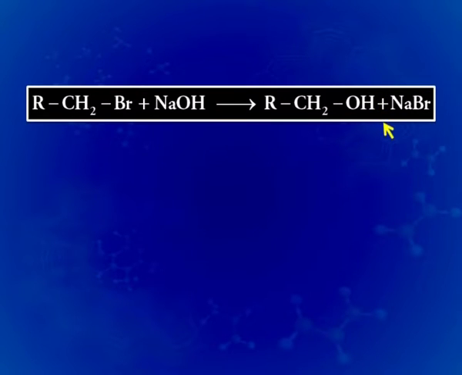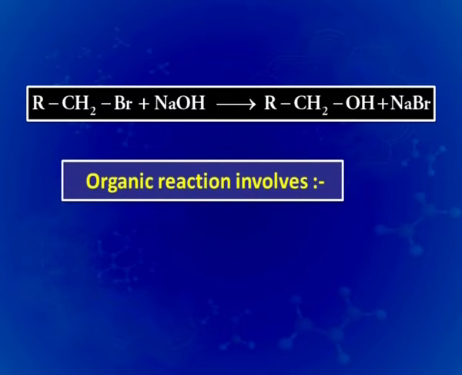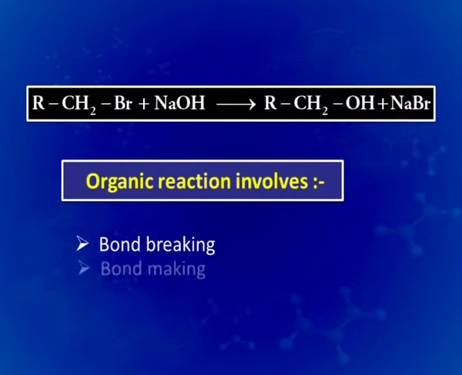In turn, what is the other thing happening? We are getting the formation of a new bond between the carbon of the alkyl halide and hydroxy, which has come from the sodium hydroxide reagent. So, in this reaction, besides a bond breaking, there is a bond making. We can say that organic reactions involve bond breaking and bond making.